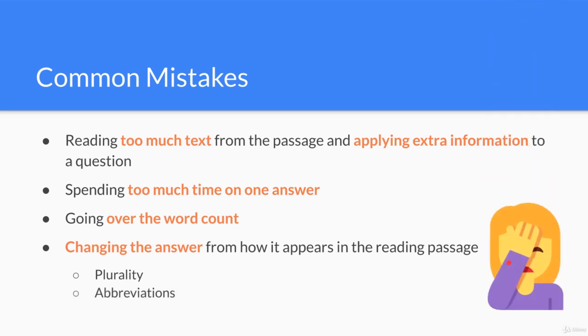The next way that students often change the answer from how it appears in the reading passage is by abbreviating the answer. You should avoid abbreviations as well. Sometimes it's okay, but generally speaking, you should try to avoid abbreviations. For example, if the correct answer is microphone, then you should not abbreviate it to mic. Mic is an abbreviation for microphone. It's a shorter version. So you should not abbreviate words.